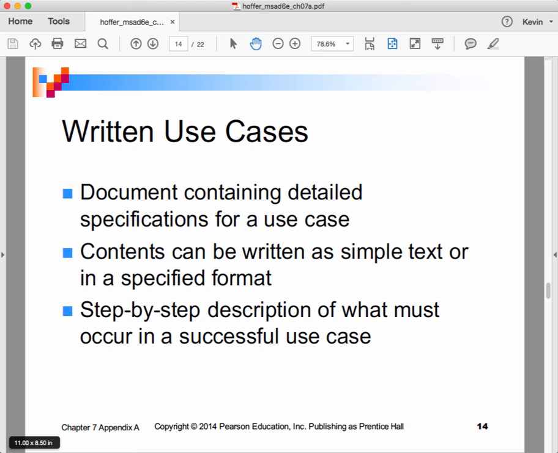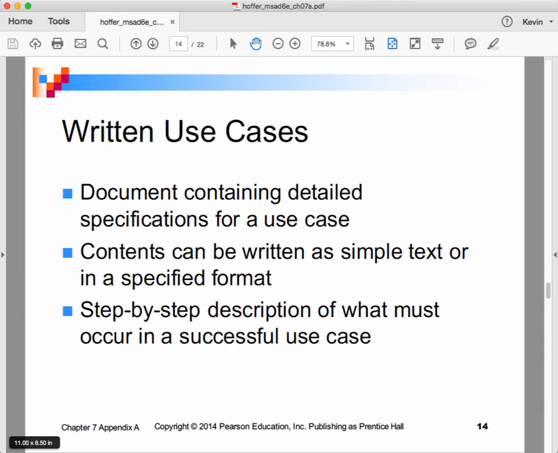Most user requirements documentation approaches these days involve stories. In agile development, they have these things called user stories. In interaction design, we have user scenarios. Here in this technology, we have use cases.